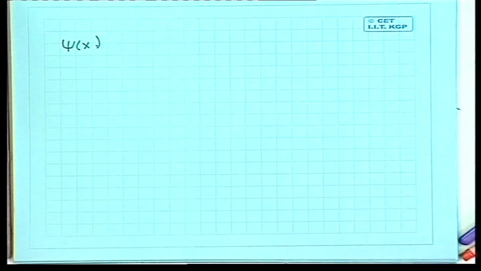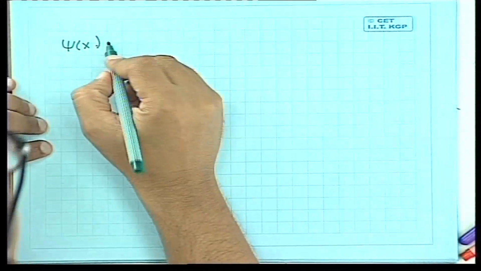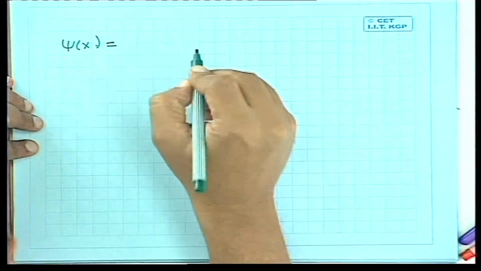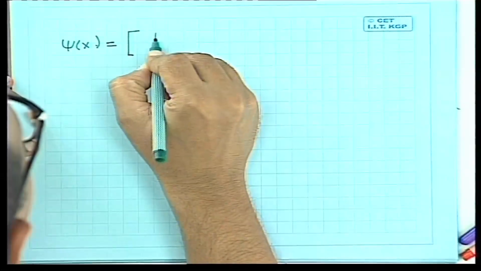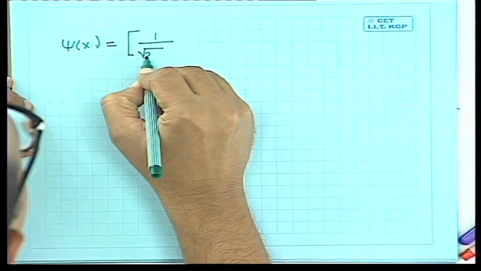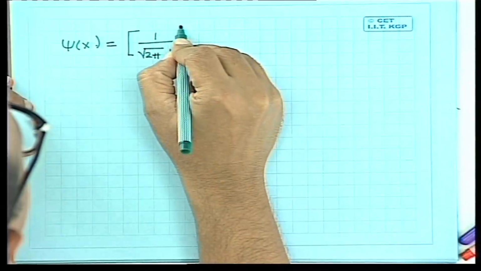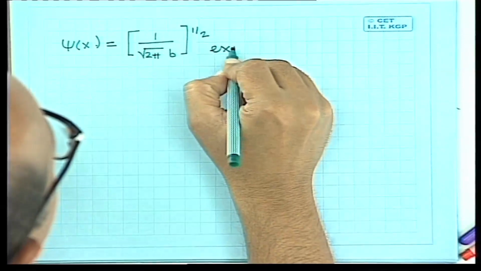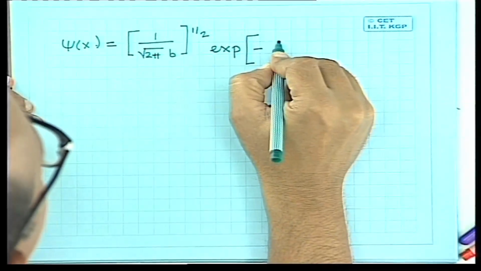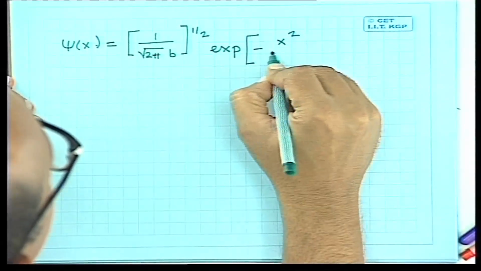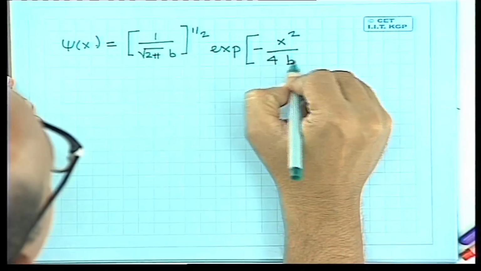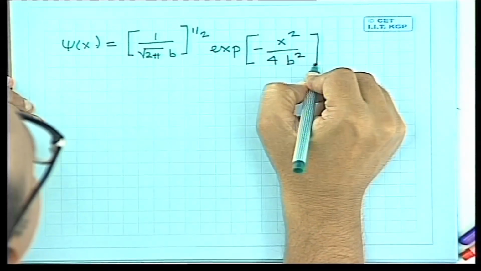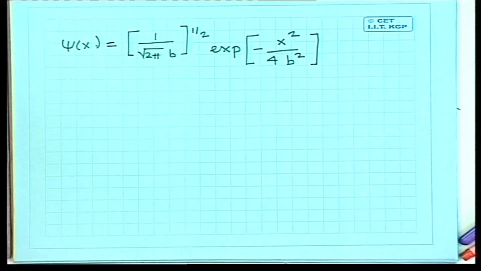We are referring to a time instant t equal to 0. In this analysis, the time will not appear anywhere, and the wave function which we want to construct looks like this, which is nothing but the square root of a Gaussian.